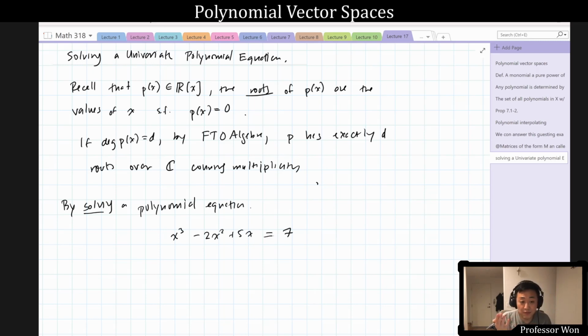But you can always reduce to finding roots by just subtracting the constant over, right? So we mean finding values of x making the polynomial equation true, but this is always the same thing as just finding roots of some polynomial.